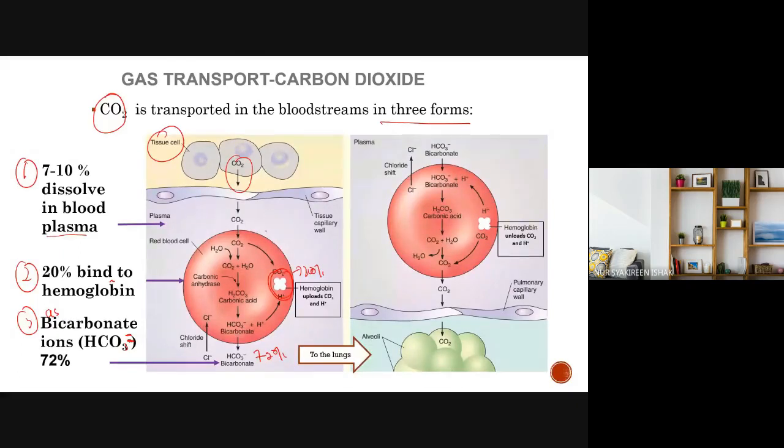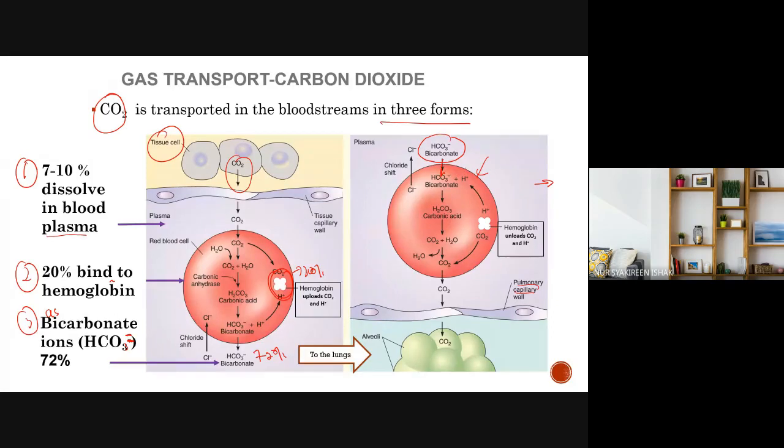So dia akan lalu daripada body cell, akan travel in your blood vessels, which is the vein, and enters into your heart to be pumped to the lung. So bila dah reach lung, kan, so this is blood vessels in the lung, which is pulmonary capillary, kan kat sini. So you have your red blood cells tu tadi. So dia akan undergo the opposite reaction lah kan. So tadi dalam bentuk bicarbonate ion, kan, bicarbonate ion. So dia masuk balik dalam awak punya red blood cells.